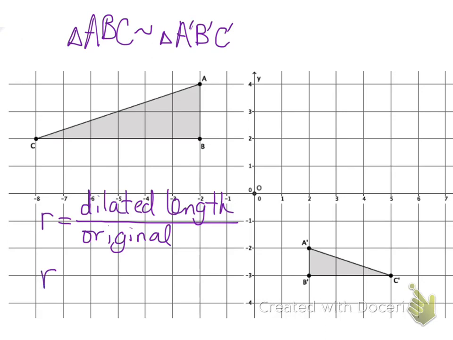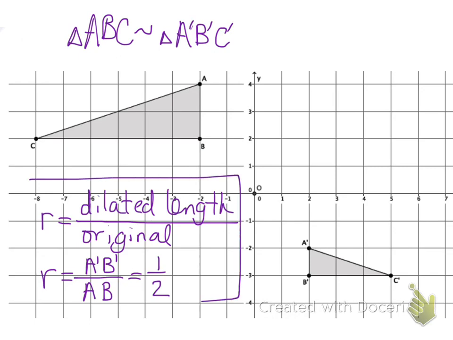So our scale factor in this would be the dilated length I want to get to, which for that segment would be A prime, B prime, and the original length would be A, B. So that would be 1/2. If you don't remember this for sure, that would be a good thing to write in your notes. The scale factor is the dilated length over the original length.